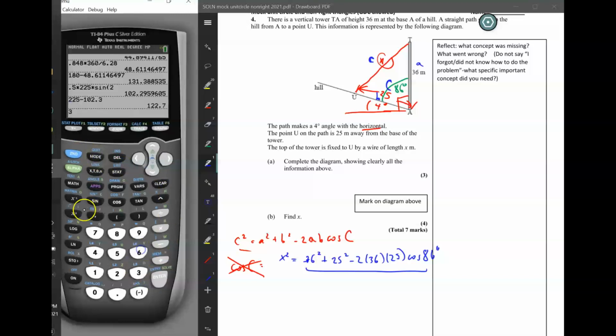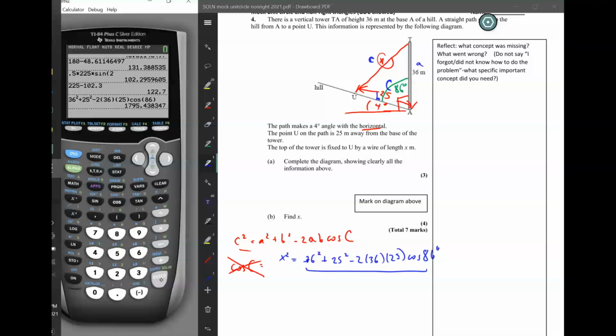And then we just type everything in. 36 squared plus 25 squared minus 2 times 36 times 25 times cosine of 86. Calculator is expecting degrees because we put it in mode degrees.